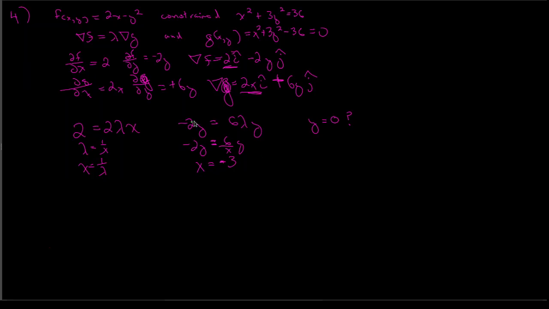And so this is my possibility here for x as being negative 3. And if I go back to my constraint, then if x is negative 3, I have 9 plus 3y squared equals 36, or 3y squared equals 27, or y squared equals 9. So y is plus or minus 3.